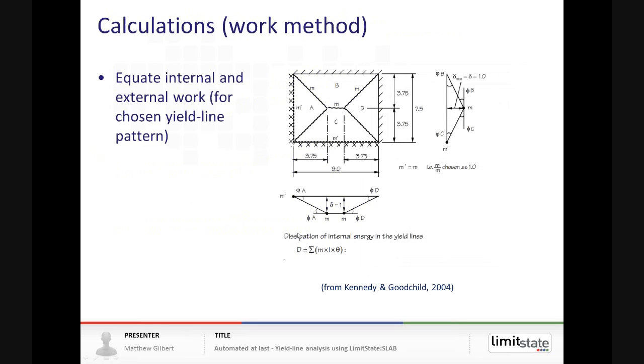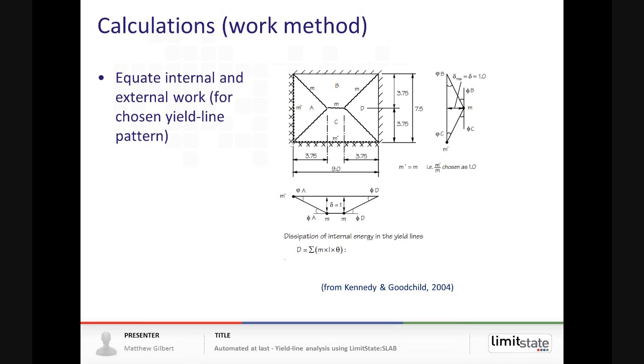How does it work in terms of the calculations? Various different approaches you can take. Probably the most common is the work method, where we equate internal and external work for a chosen yield line pattern.